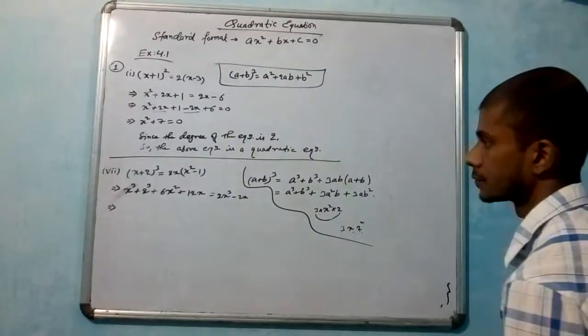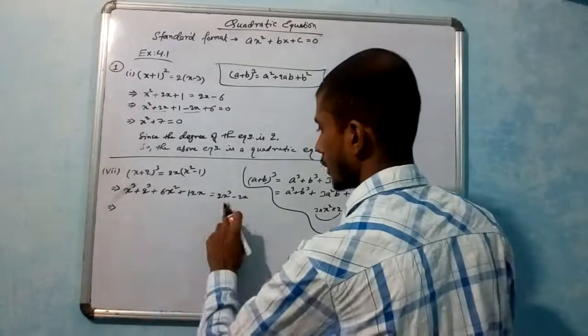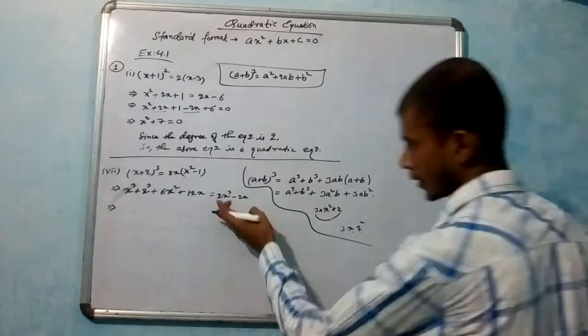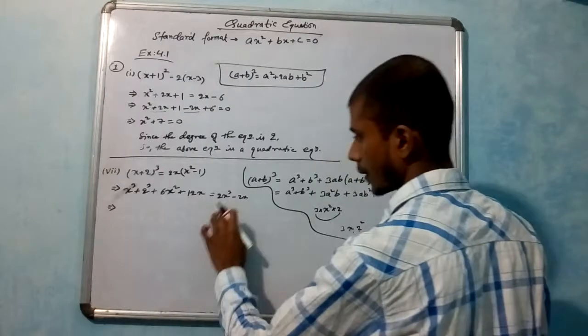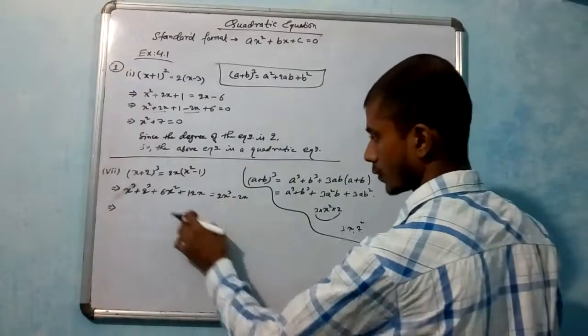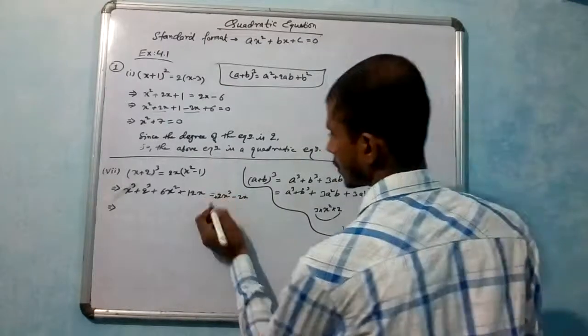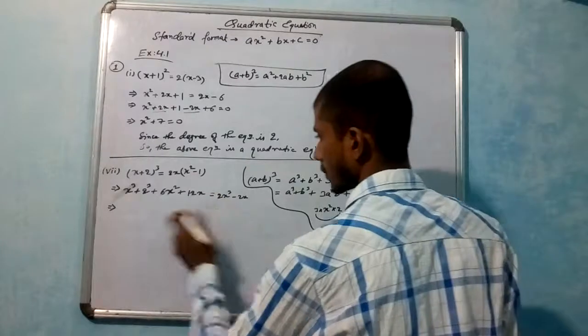So see, here we are getting x cube. When this goes to that side, what will happen? 2x cube is in plus right now on the right hand side, so when it goes to the left hand side, it will go in subtraction.